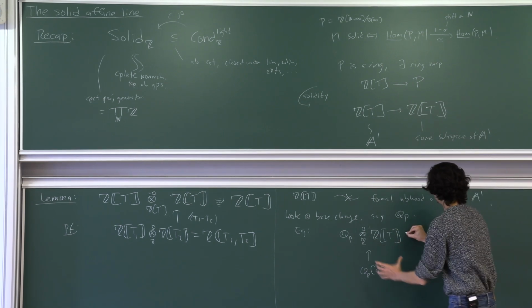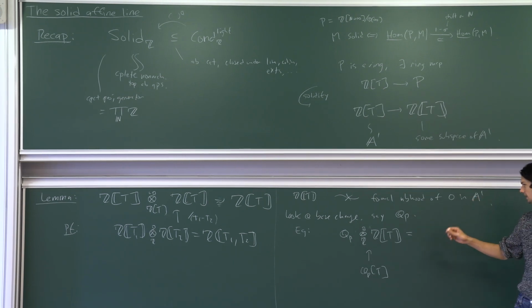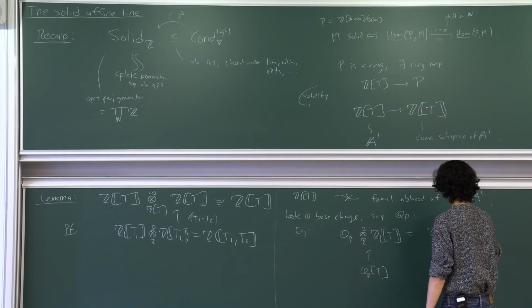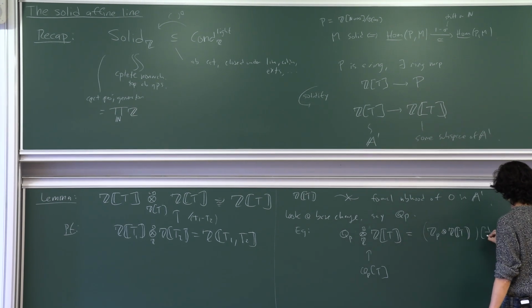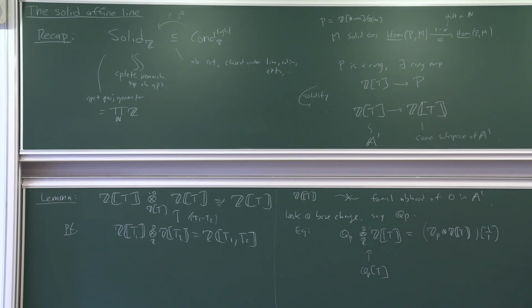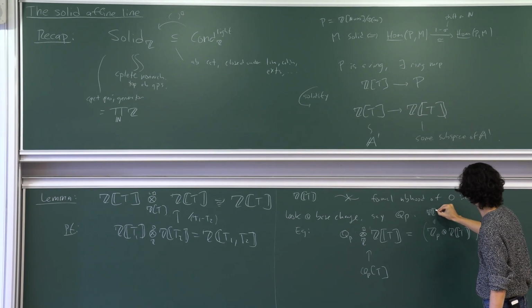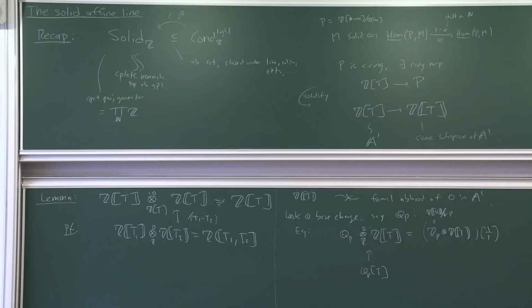So Q_p is Z_p with p inverted, and the solid tensor product commutes with colimits in both variables. So this is the same thing as Z_p solid tensor product Z power series T, and then you invert p. But this Z_p has a resolution by 2 copies of, so Z power series U, maybe mod U minus p. It has a resolution by 2 copies of this power series ring.